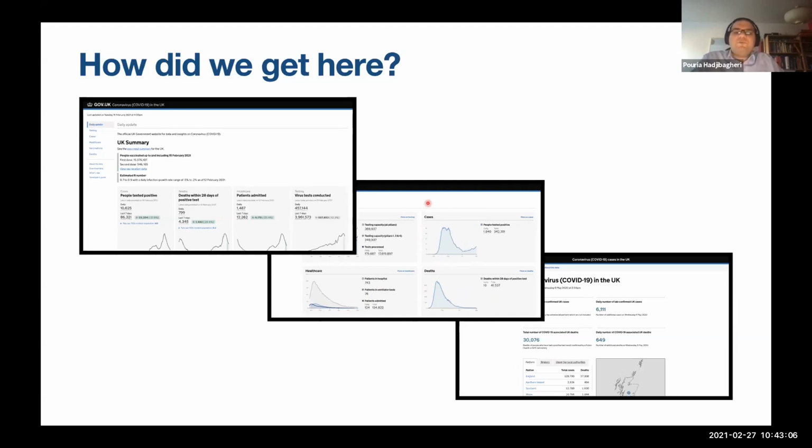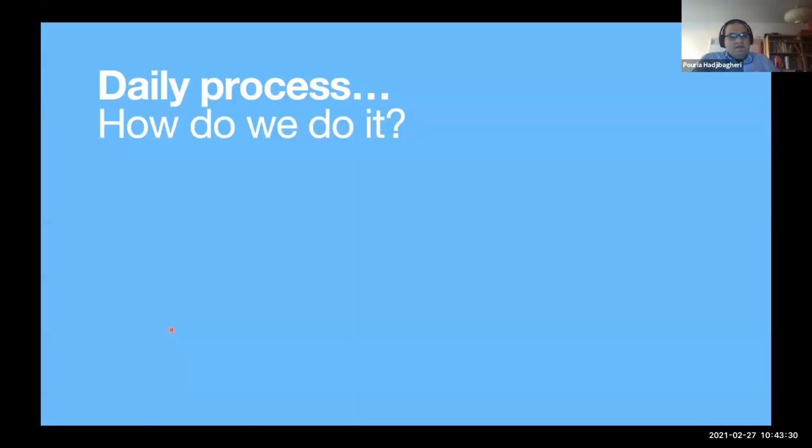They were trying to imitate what was being displayed on national TV to people, so as to reduce inconsistency and help people get more comfortable with the general concept and the data in general. And this is a version that's currently online, which you can see on the website. Now, the daily process of getting this data is not as simple as a whole lot of people seem to think.